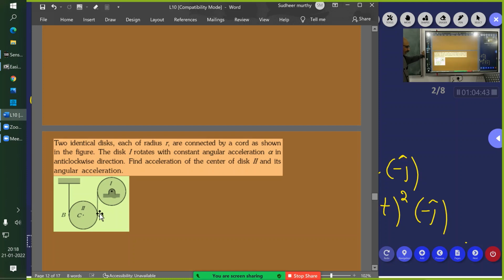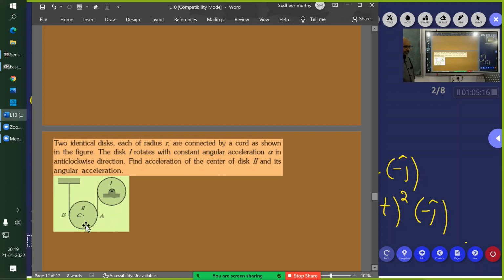Please understand, this thread is coming down, and this point B is here, point A will slightly come down, and this C will come down. How will you relate this alpha with the acceleration of C?